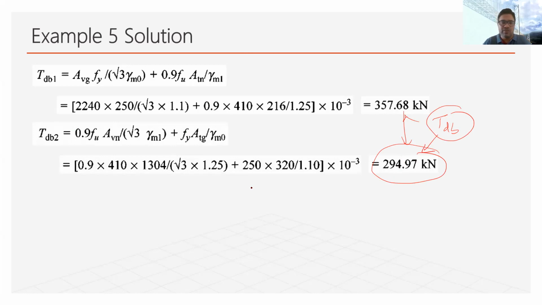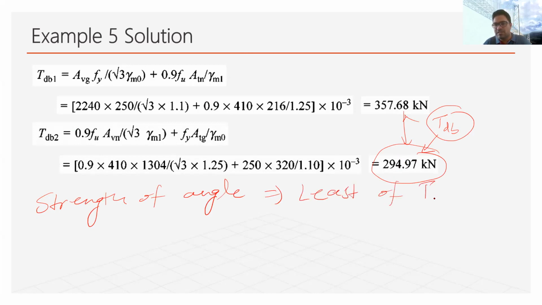So now we have to find out the strength of angle. So it will be the least of TDG, TDB and TDN. TDG and TDN we have already calculated. TDB we have just calculated, which is 294.